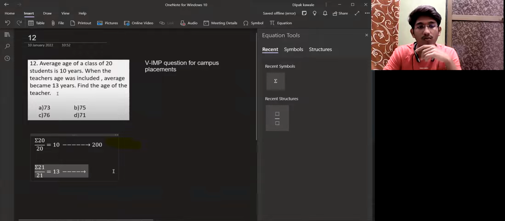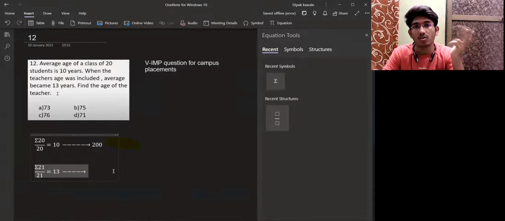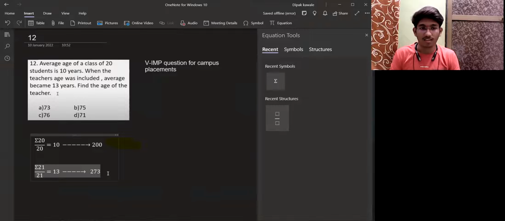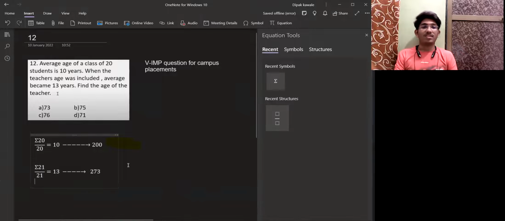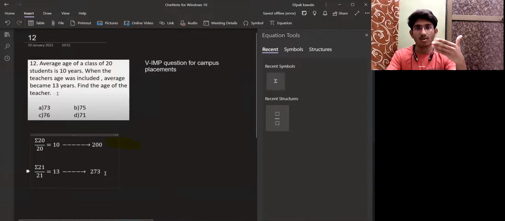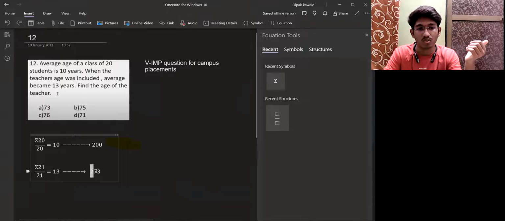So 13 into 21 is 13 twos are 26, but here it is 20, so 260 plus 13, sorry, plus 30 is 273. So it is 273. Now see, students, we have the total age of that group of 20 students before the teacher's age is included, and after including the teacher's age, it is 273.